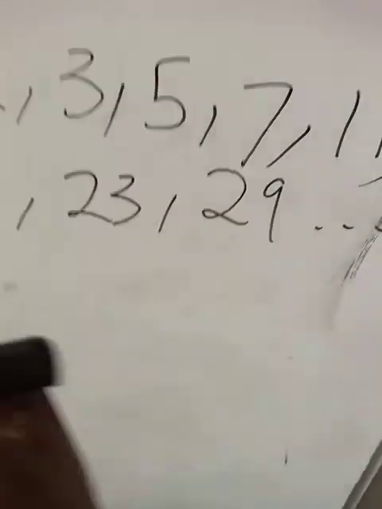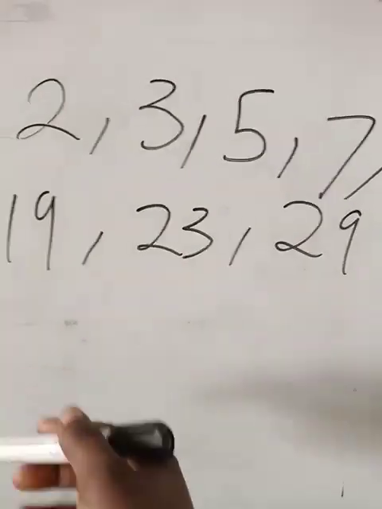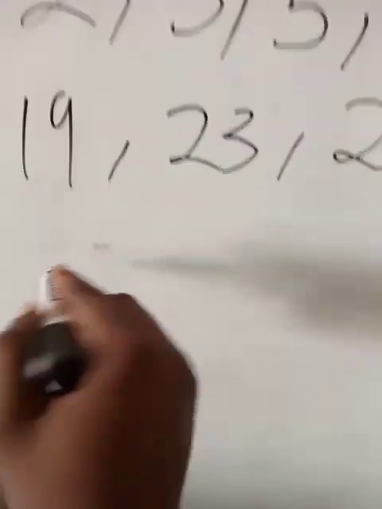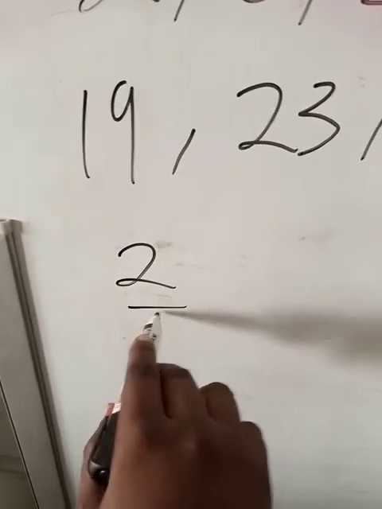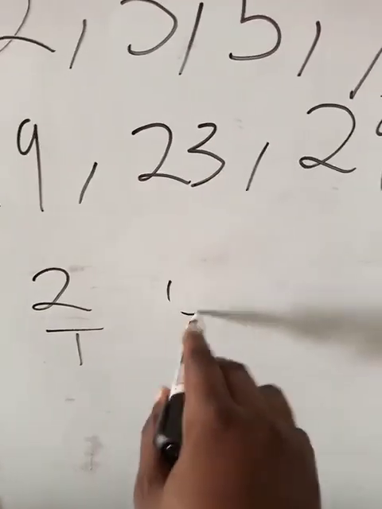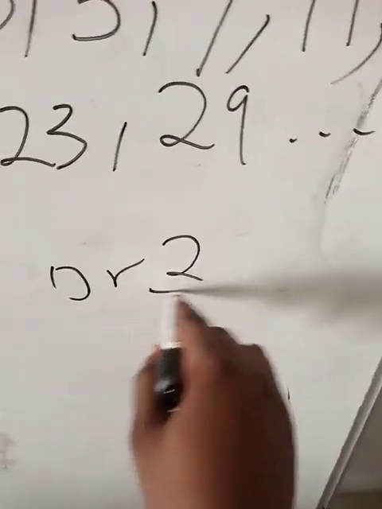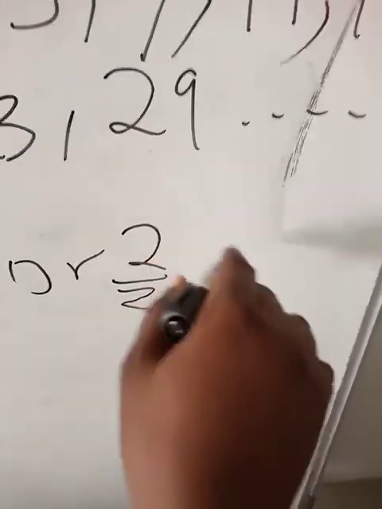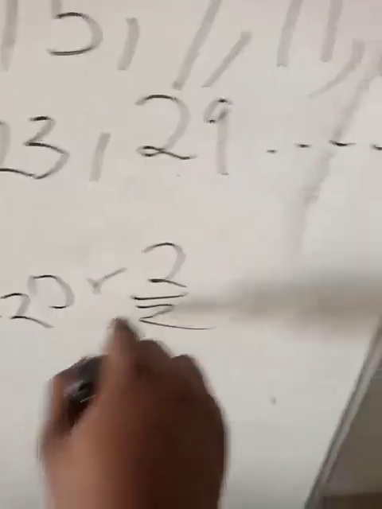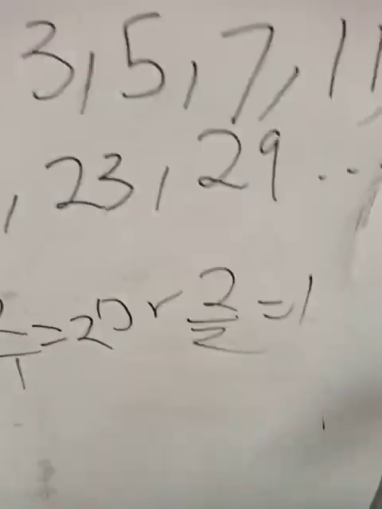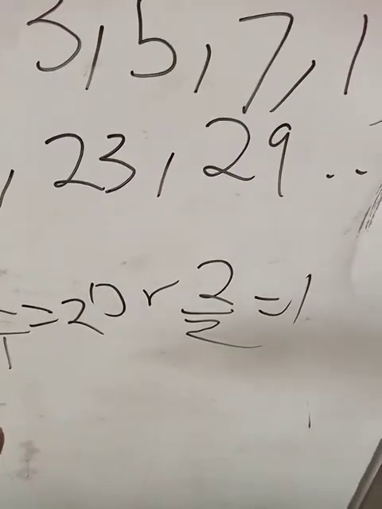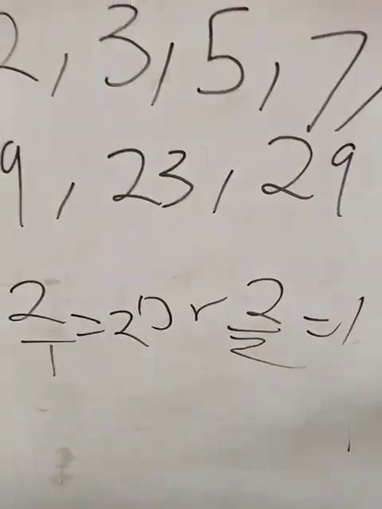Now, I have defined prime numbers as numbers that can only be divided by itself and 1. That is to show 2 can only be divided by 1 or by 2 to give us a whole number as the answer. Any other number that wants to divide 2 will give us a remainder.